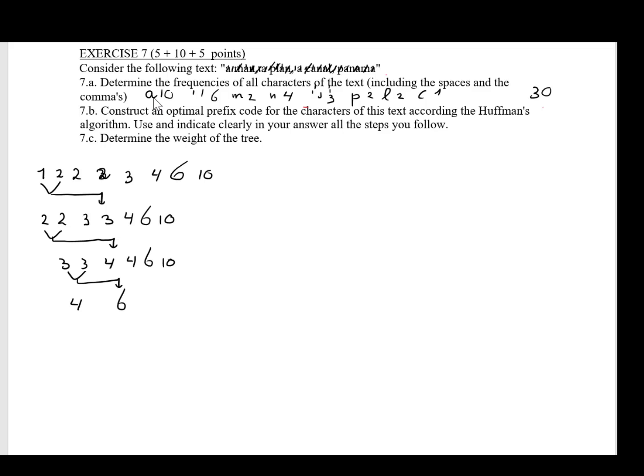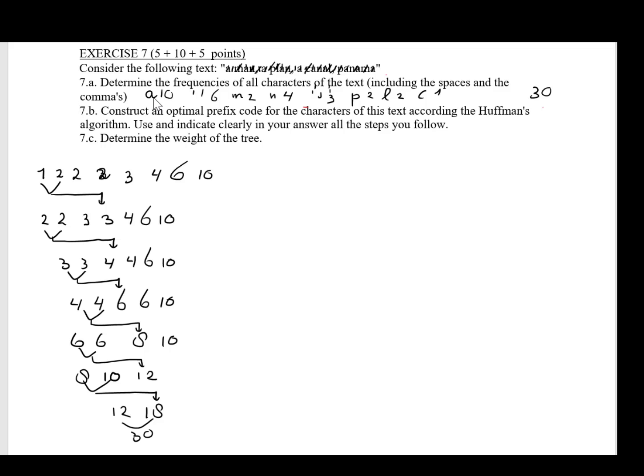That would be 4, 4, 6, 6, 10. 4, 4 together. That would give us 6, 6, 8, 10. Then 12. That would give us 8, 10, 12. Becomes 18. 12 in front of it. And the last one is 30.